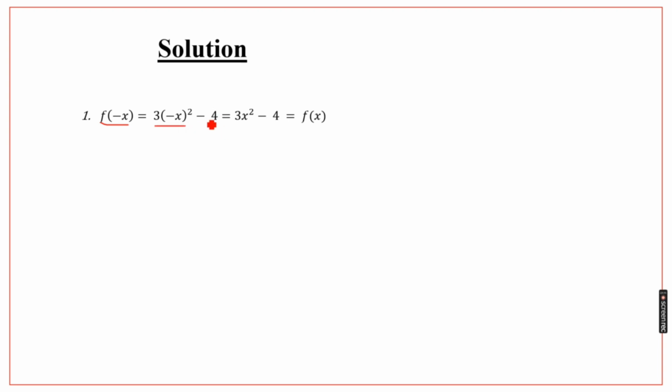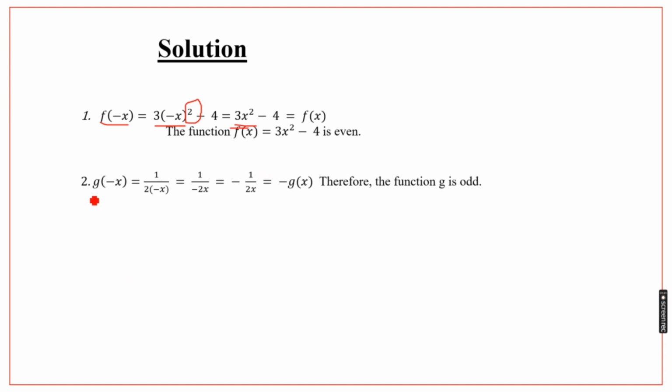So f of negative x means negative x squared minus 4, which equals x squared minus 4, because a negative number to an even power is positive. So x squared minus 4 is equal to f of x. For x and for negative x, there is no change. So the function is even.